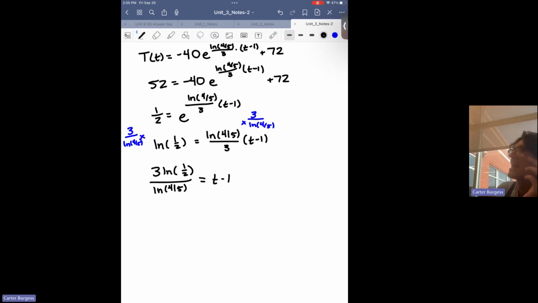And so just the last thing that we need to do to solve for t, adding that 1 to both sides, 3 times the ln of 1/2 over the ln of 4/5 plus 1 is equal to t. Note that this is the amount of time that it took to heat. So this is the amount of heating that actually happened.